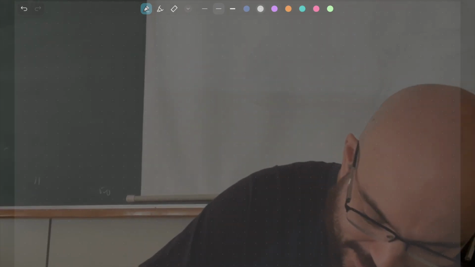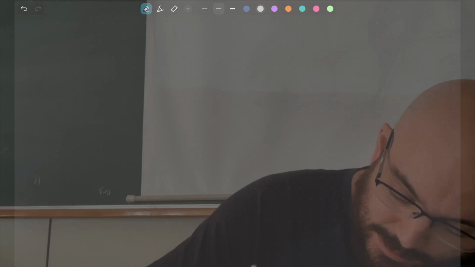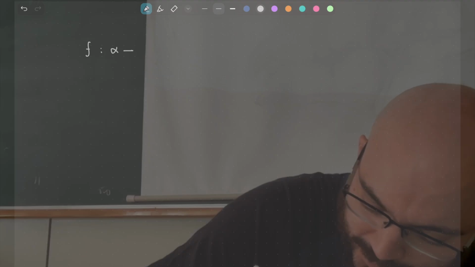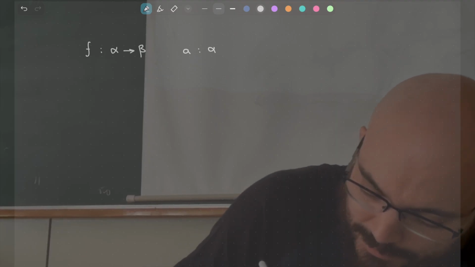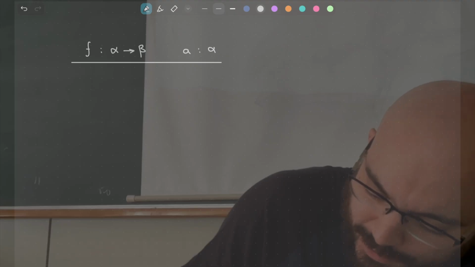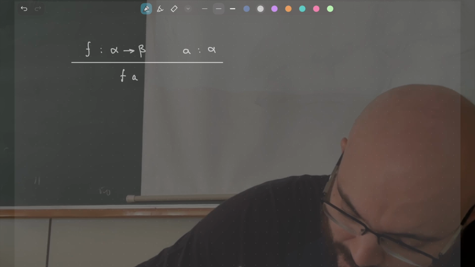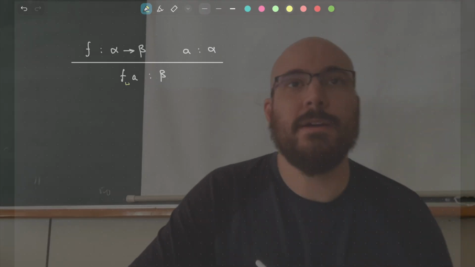So how do we use it? If we have an f from alpha to beta, and an a of type alpha, I can use it, and we discussed the notation, so I will not repeat the whole thing. This is how we use it, with this invisible space here.